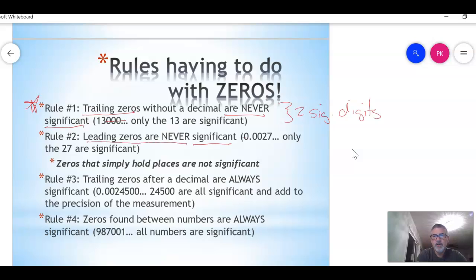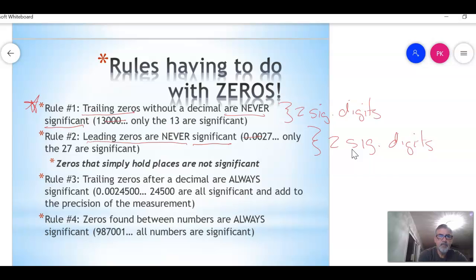So these zeros here are not significant. Again, this has 2 significant digits. This just tells you to start counting in the thousandth place.